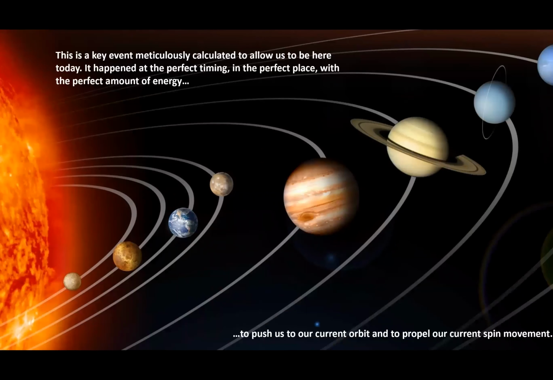But the first thing that happened, the collision of Theia and Gaia pushed the new planet to the only area around the sun where water can exist in three different states: in the gas state, vapor, in the liquid state, and in the ice state.